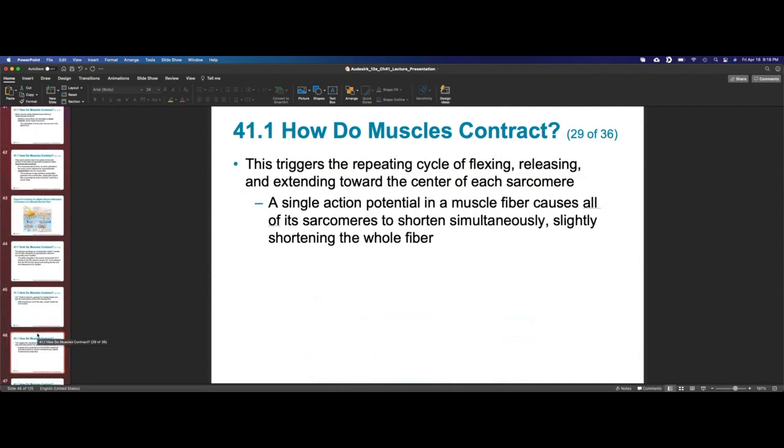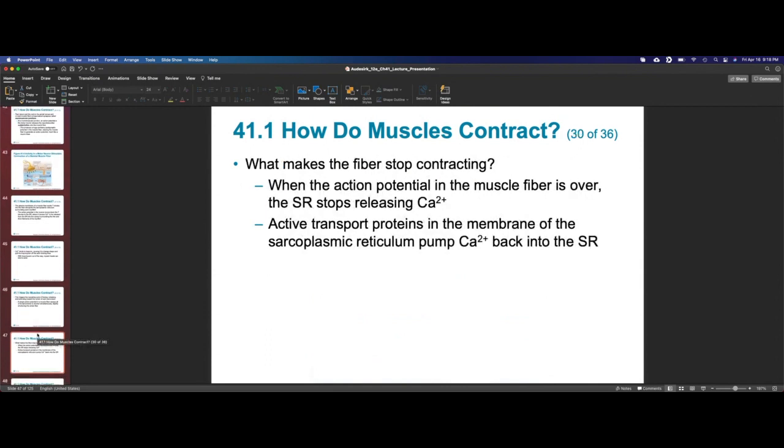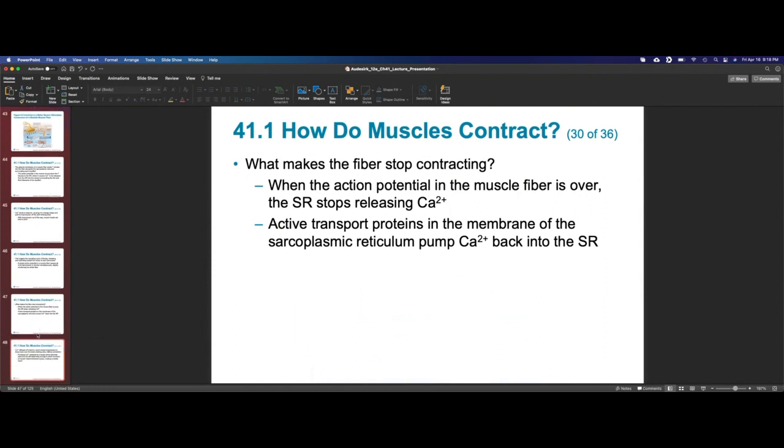So one thing important to note is that once the action potential is done, then active transport will basically just pump that calcium back into the sarcoplasmic reticulum. And so that basically signals the end of the contraction.